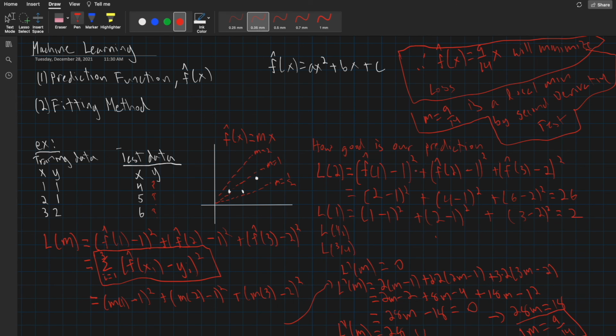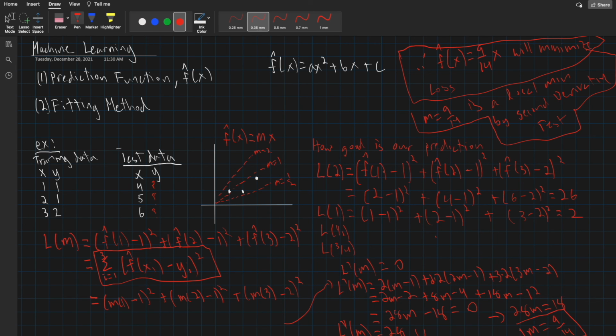So essentially, to recap what we went through, we've introduced the idea of machine learning, which is essentially just a prediction function and a way to optimize that prediction function. So here in our example, we decided on a prediction function that was linear and going through the origin. So our model became just mx. Now, our one choice for our different lines is just by varying different values of m, and each of these choices is going to have an associated loss with it.